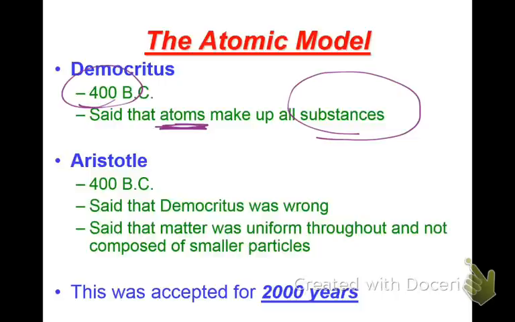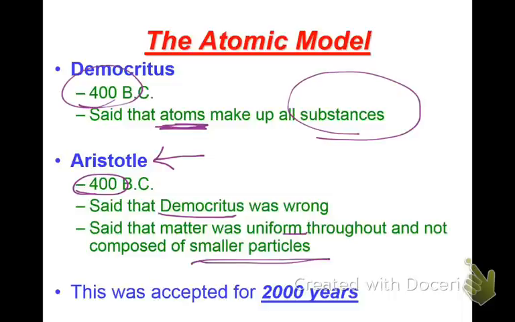And then the funny part is, at the same time, 400 BC, this famous guy, you might have heard of him, Aristotle, he said that Democritus was wrong. He said that there weren't these things called atoms. That matter was uniform throughout, and it was not composed of anything smaller.